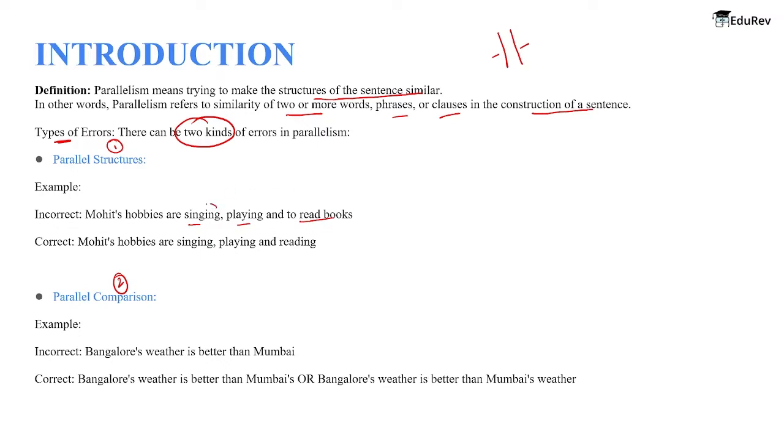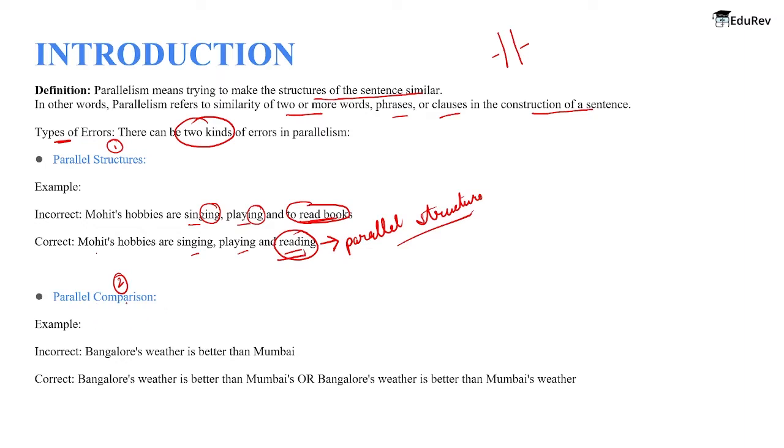This is singing, this is playing, but this is to read books. What if we write reading here? When we write it as Mohit's hobbies are singing, playing and reading, now this sentence is in a parallel structure. I hope you are getting my point: not to read books, we write reading.